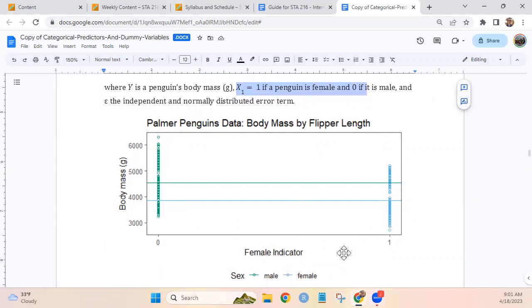So this is a way to visualize the dummy variable that we've created. If you look at the green line here, which is right at the average male body mass, and the blue line here, which is right at the average female body mass, you can see this difference in height.